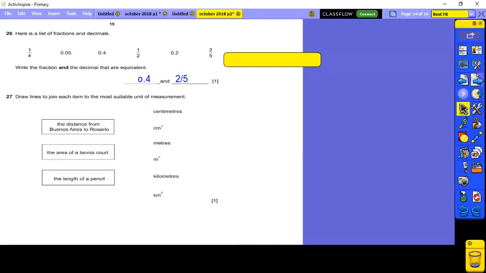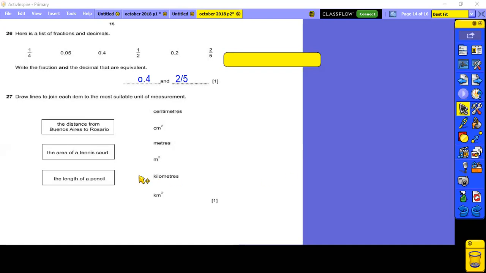Question number 27. Draw lines to join each item to the most suitable unit of measurement. I had in this question before with you many common mistakes. Right.